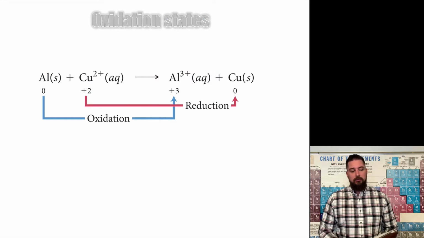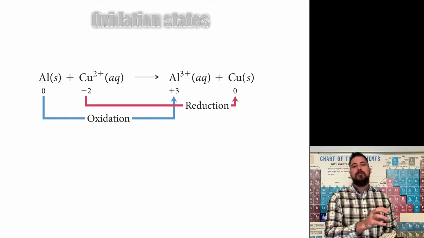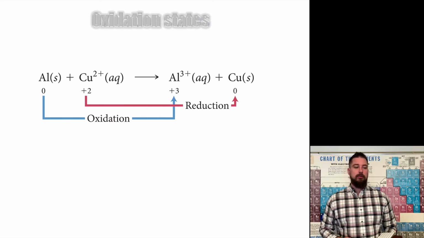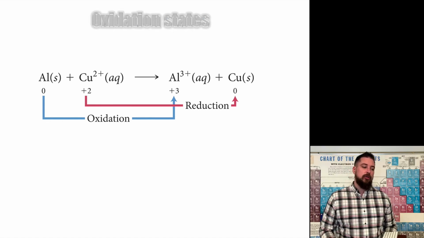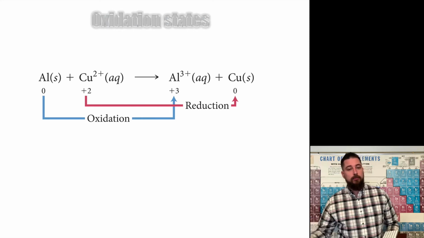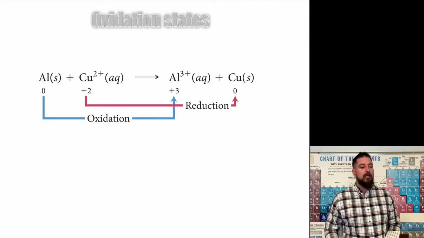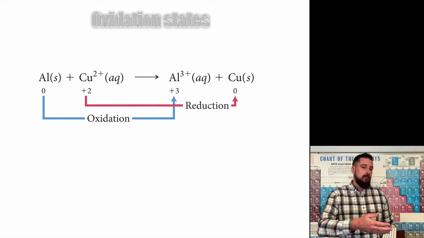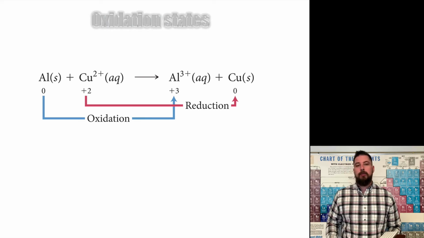And so here's an example. Notice aluminum. Aluminum is alone by itself. It has a charge of 0, so its oxidation number is 0. And then copper is starting off with a 2 positive charge, and so its oxidation number is 2 positive. Now notice when they become products, the aluminum becomes a 3 positive and the copper becomes 0. So the aluminum went from 0 to 3 positive. How does it go from 0 to 3 positive?